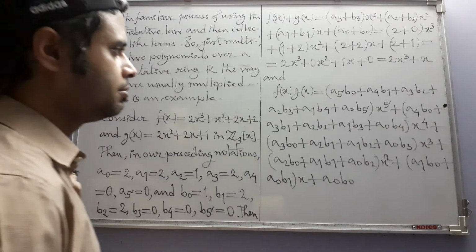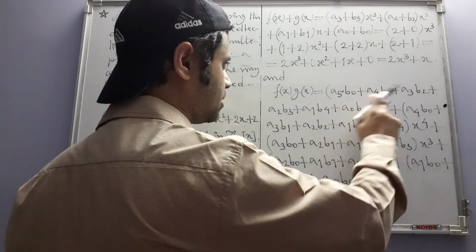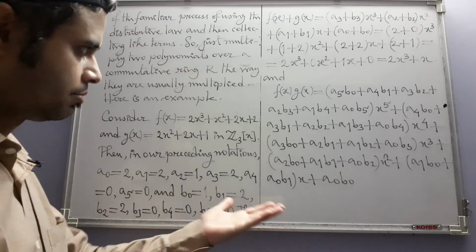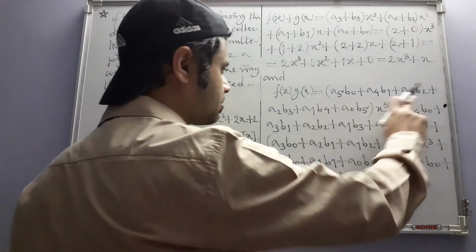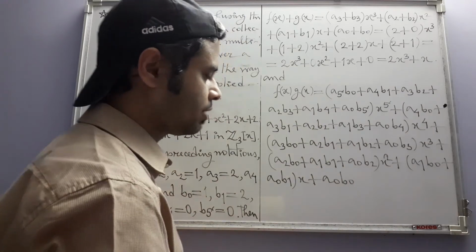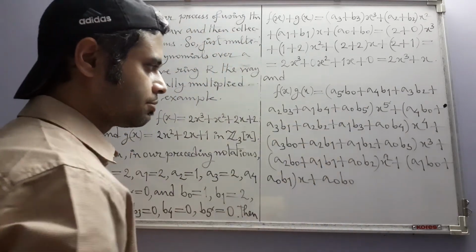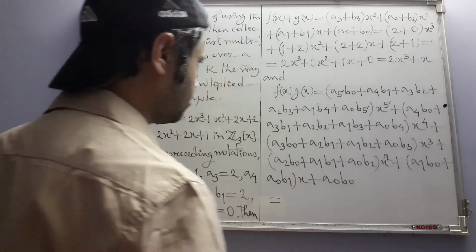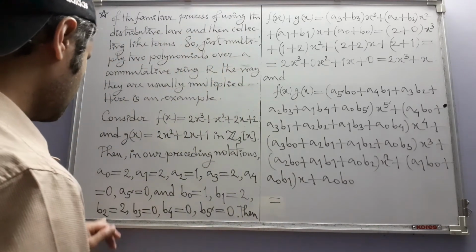You can see that the sum of the subscripts in this first sum, for example, is 5, in the second sum that is 4, and so on. So let us now carefully write the values.